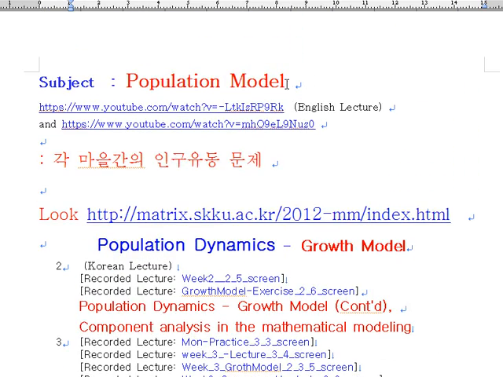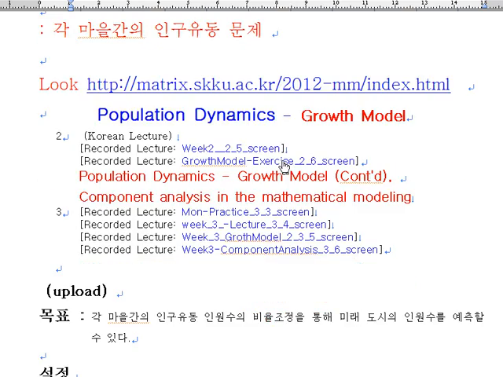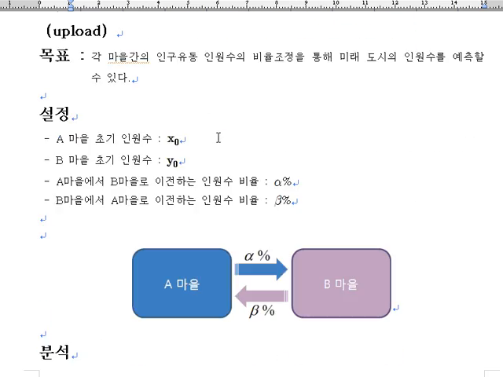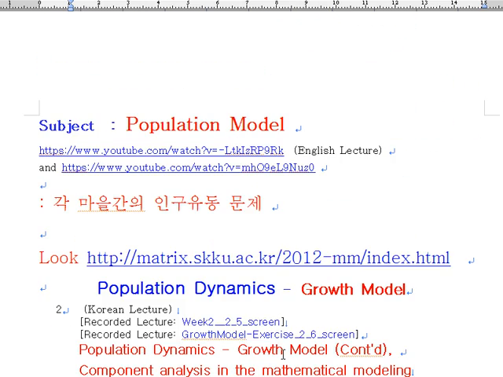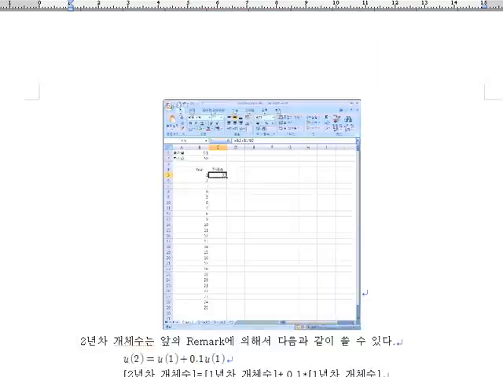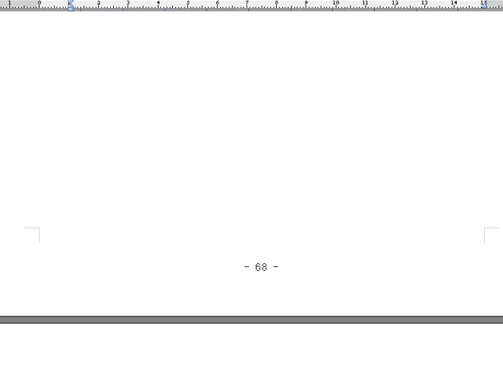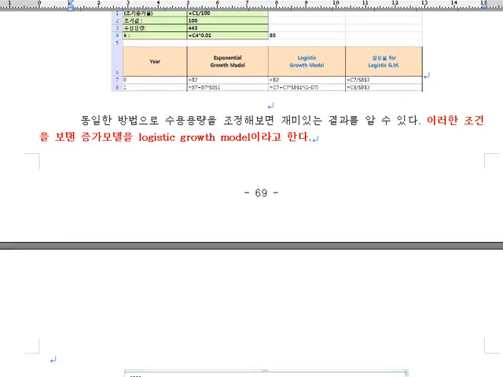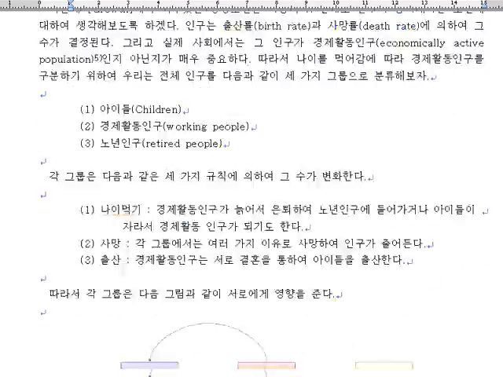I will continue with the population models and this thing. But most important thing, as you have seen so far, in order to go through the mathematical modeling in theory and to the real applications, we need the mathematical background. So I'm trying to give more emphasis on linear models.